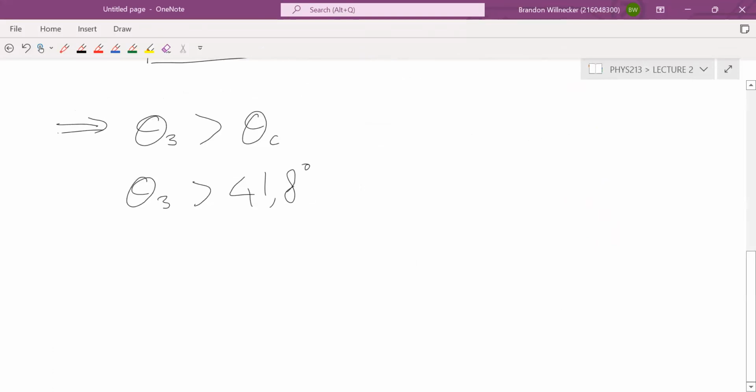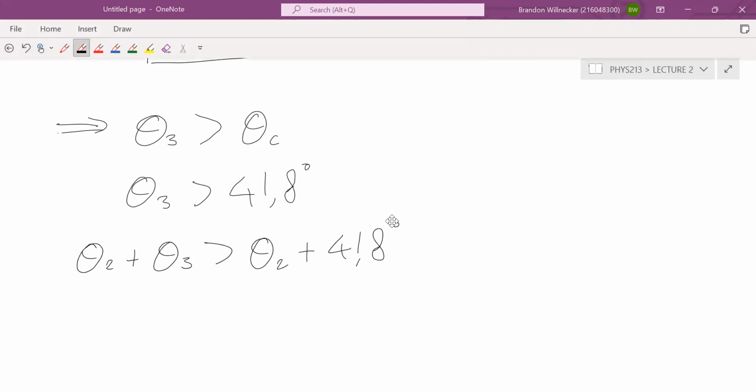So if I add θ2 on both sides, I'm going to get θ2 plus θ3 is greater than θ2 plus 41.8 degrees. Okay, so I've just added it on both sides. But θ2 plus θ3 from our previous argument is 90.